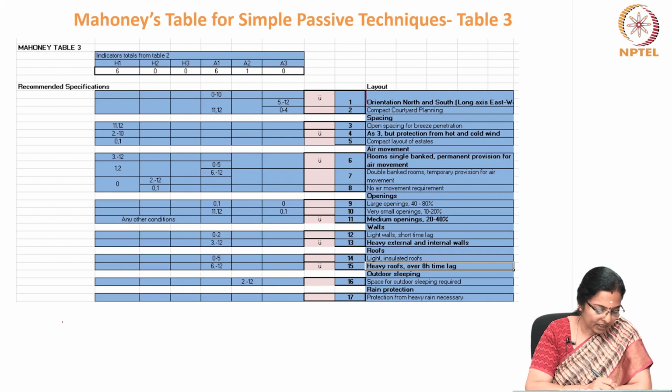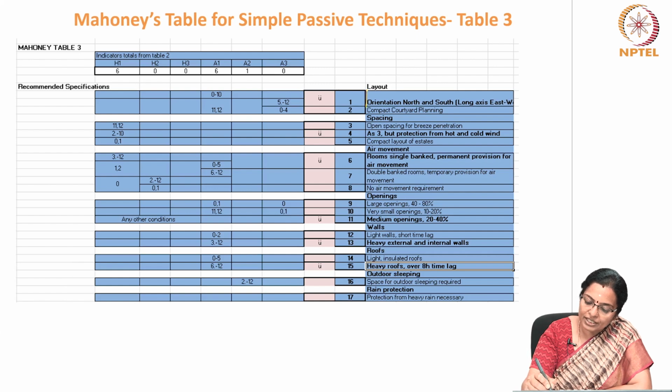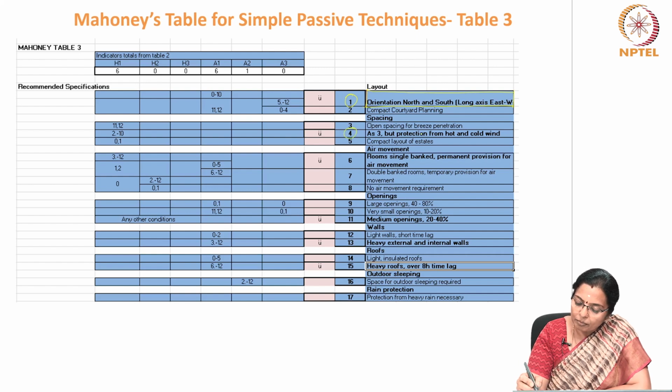That is, the orientation of the building should be along north and south. That is, the long axis must be along east and west. Then the building must be protected from hot and cold wind.